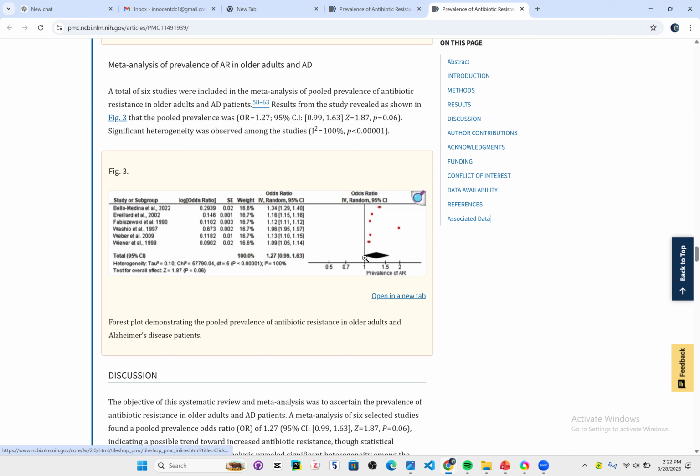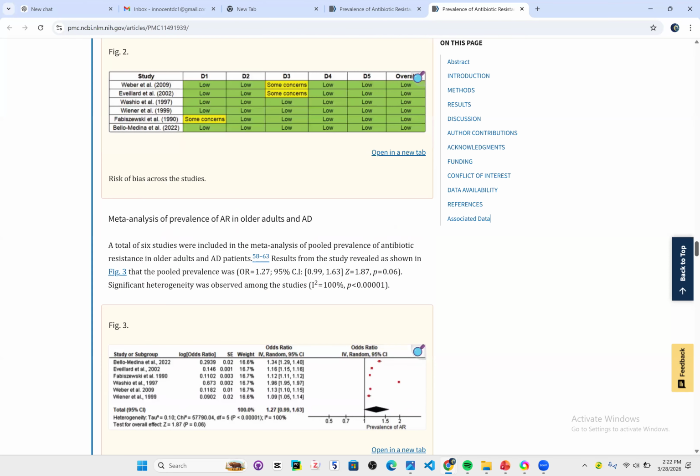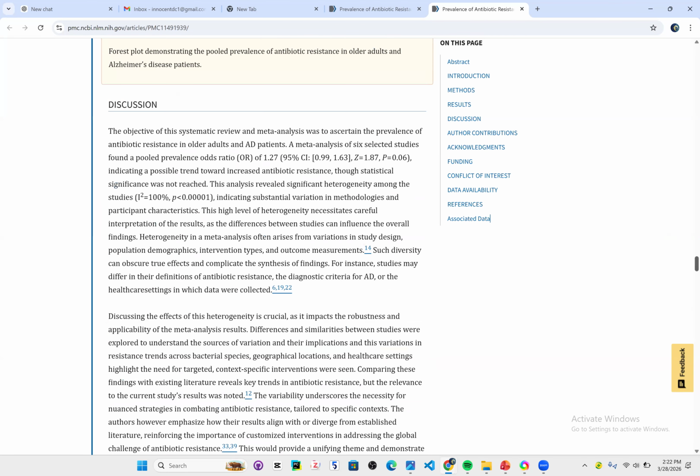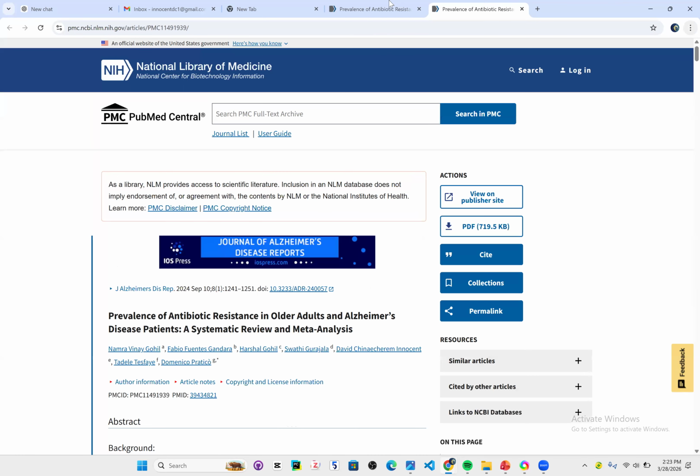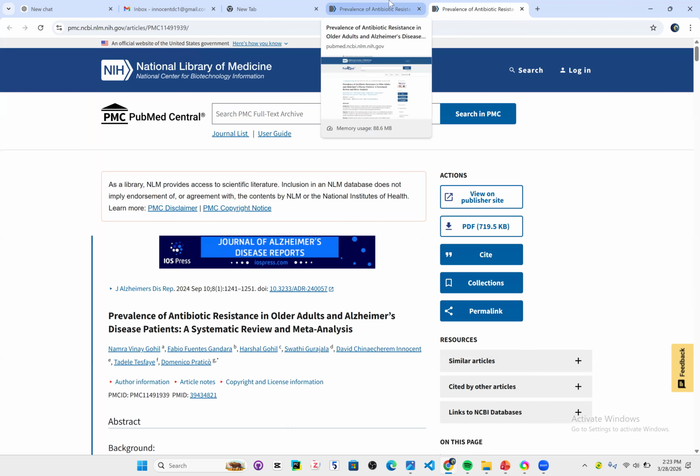If you look at this plot here, you see 0.99 to 1.63. I'm not here to explain the first plot, so I won't create more confusion. We're just trying to keep it simple for you to understand and discuss your results.